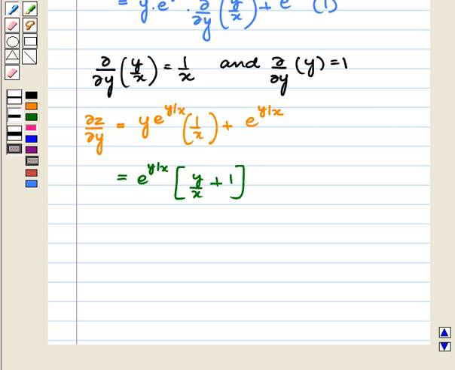So finally we have del z by del y is equal to e raised to power y by x into (y by x plus 1), the whole.